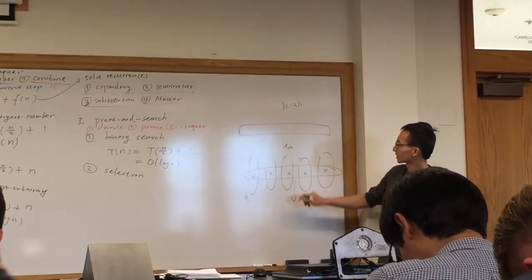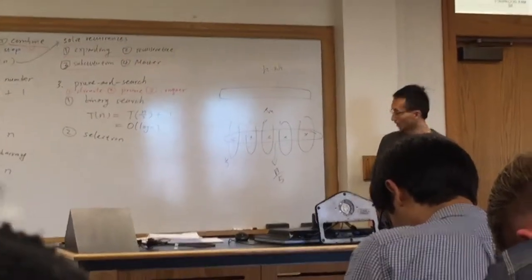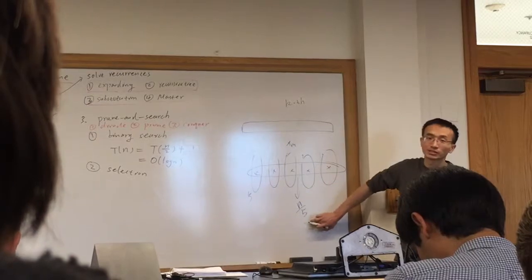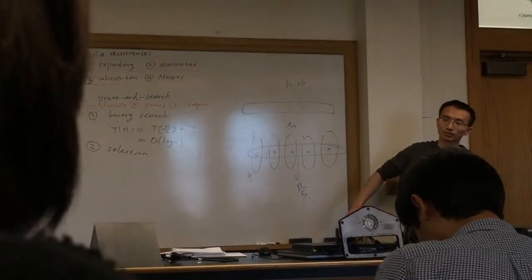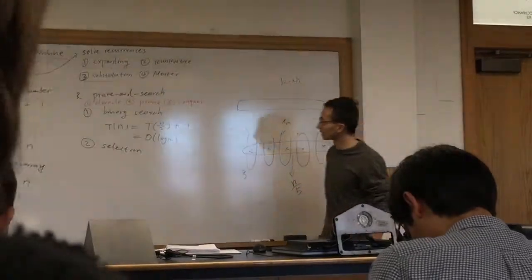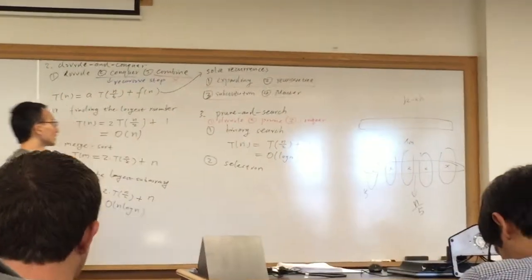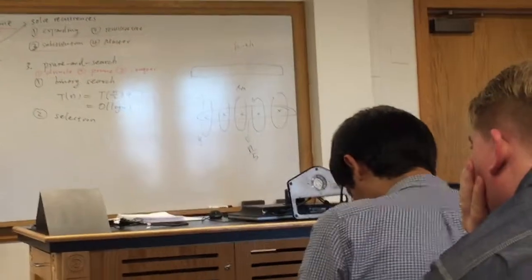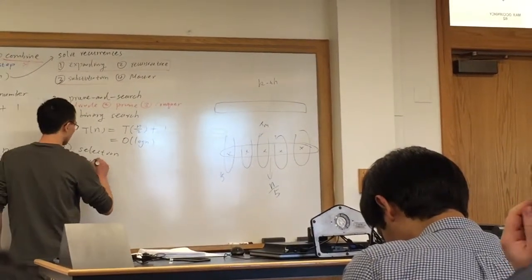The good thing is the number of medians is only n over 5. Therefore, the recursive step gets us an input size much smaller than before. Okay, so that's the idea. And using that, we get linear time.